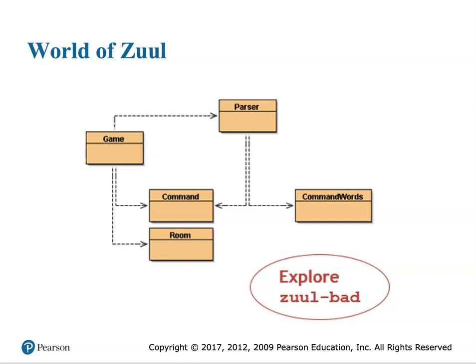Okay, so hopefully you've downloaded the resources for this chapter, and you're looking at Zulbad. Zulbad is a sample of a classic text adventure. If you have not played text adventures, they are games where you have a text parser, and you are given your descriptions of what you see completely inside of text.